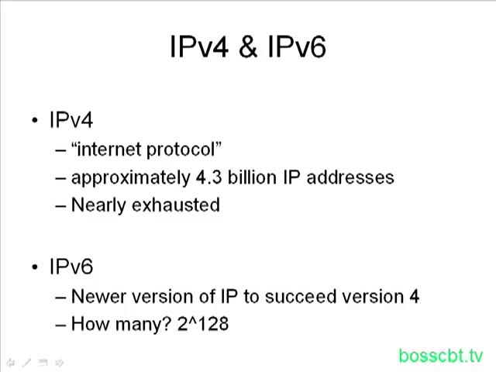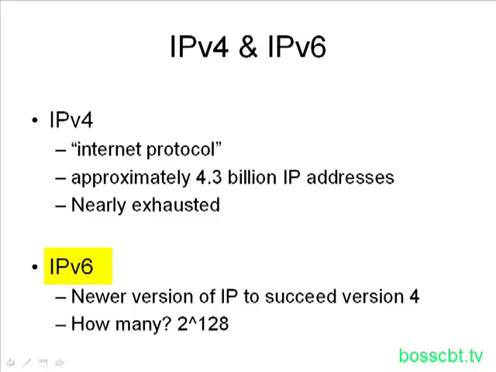So that introduces us to IP version 6. Now, this is a newer version of IP, and it's meant to succeed version 4. But version 4 is not going to disappear. Version 4 will be in use for quite some time. You're going to start seeing more and more IP version 6 alongside IP version 4. There are some differences. IP version 6 has a different format to it, and it has significantly more IP addresses available to it.